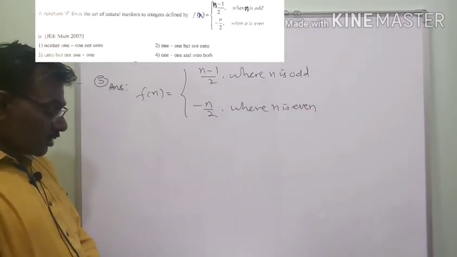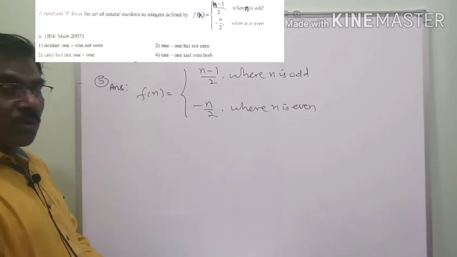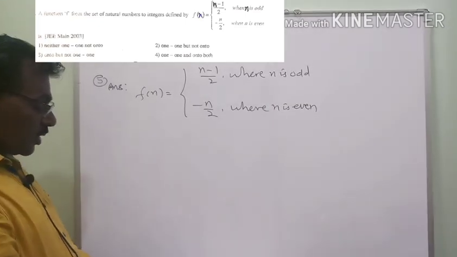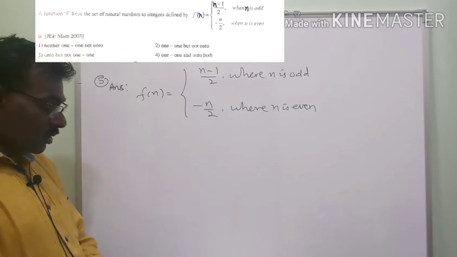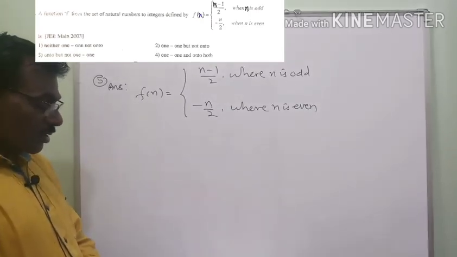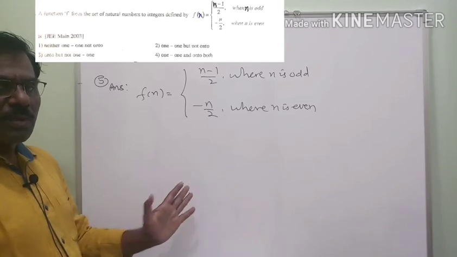So the options are given: neither 1-1 nor onto, both 1-1 and onto, onto but not 1-1, 1-1 and not onto.